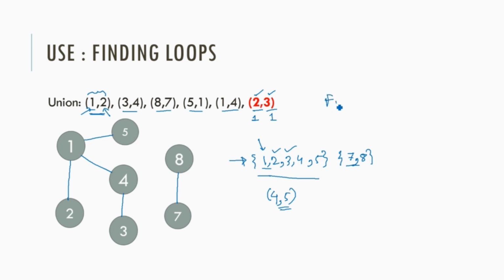So we use the find operation to find the representative of the corresponding sets, and if we see that the representative of the set of 2 is equal to the representative of the set of 3, then we will not perform the union operation. So now we need to know how we can represent the data structure efficiently so that the union operation and the find operation can be performed efficiently.